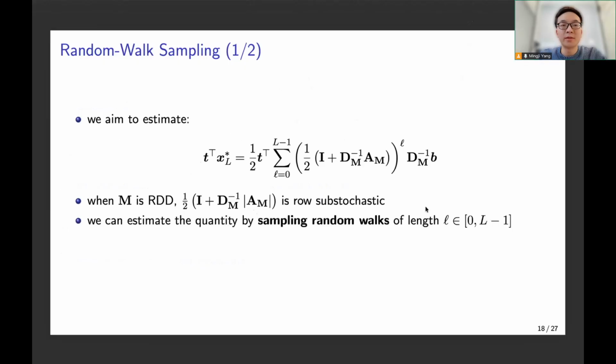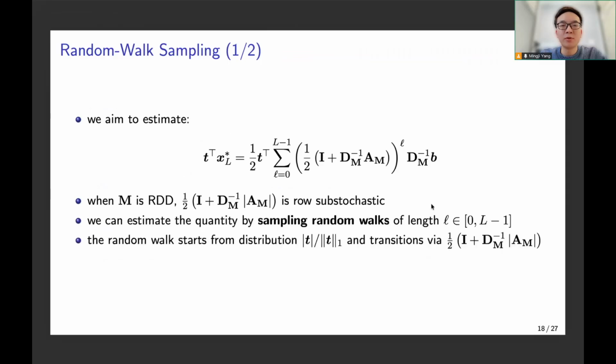So with this interpretation, we can estimate the whole quantity by sampling random walks of lengths between 0 and L minus 1. And these random walks start from the normalized version of the vector T as a source distribution and transition with this row substochastic matrix. By recording the quantities related to these sampled random walks, we are able to obtain an unbiased estimate for this whole quantity.